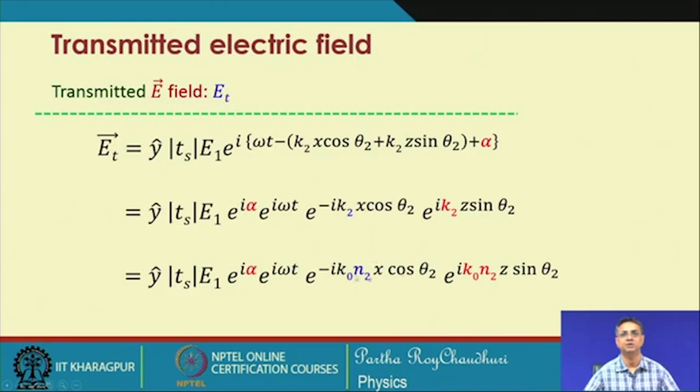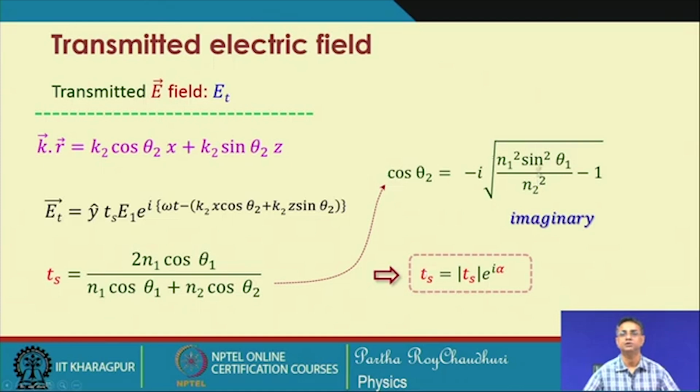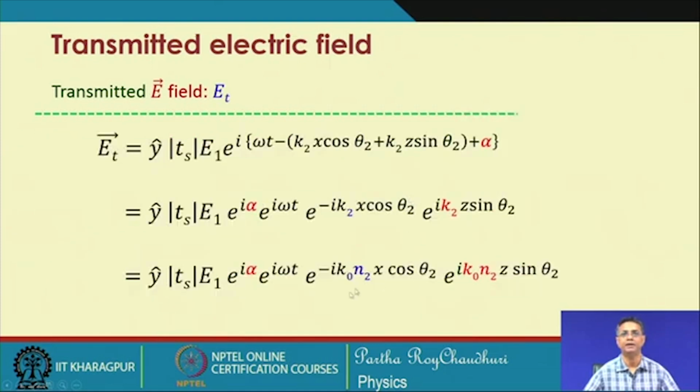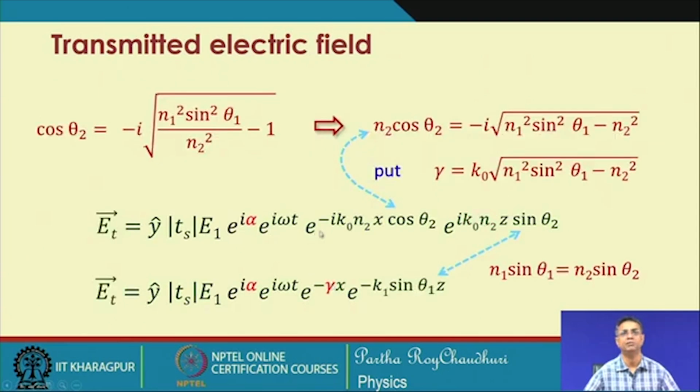Now, if I use the negative i with this cosine theta 2, the value of cosine theta 2 that we have already calculated, then i into i and minus, so it will be simply minus e to the power of some minus of this quantity.